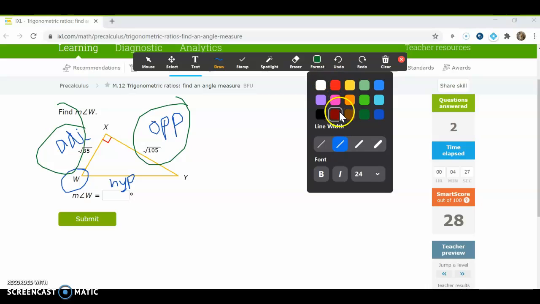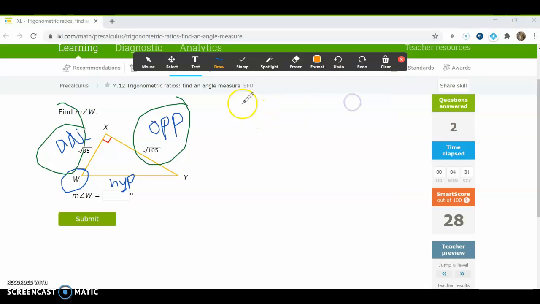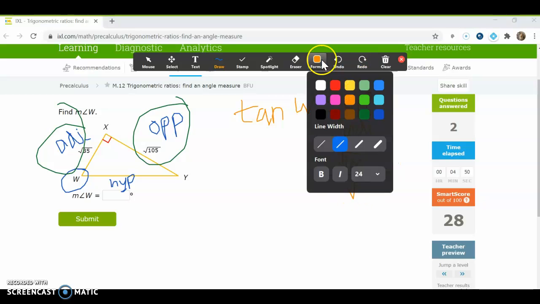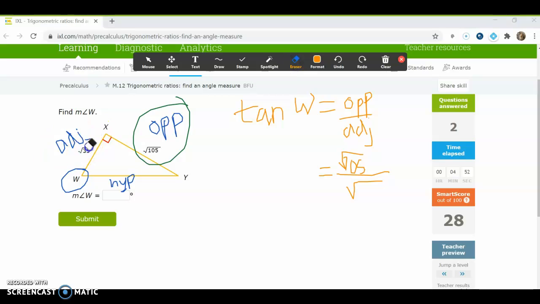So opposite, adjacent. Am I going to use sine, cosine, or tangent? I'm going to use tangent, because tangent of my angle is opposite over adjacent. So my opposite is the square root of 105 over the adjacent, which is 35, since I circled it.